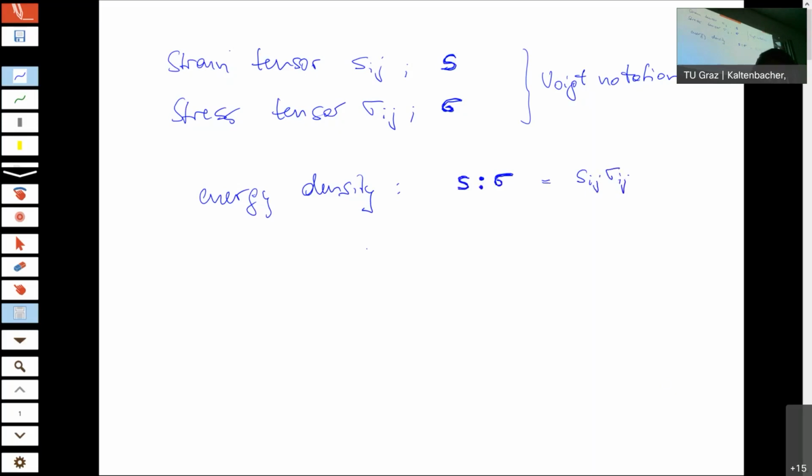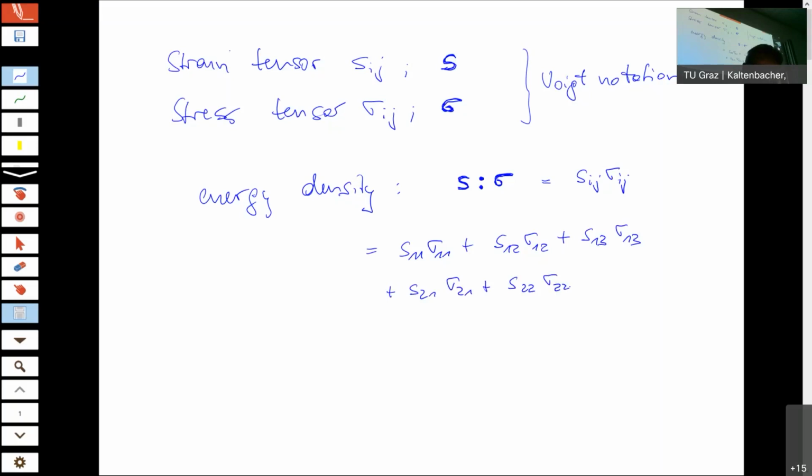Which means what you get out is S11 sigma 11 plus S12 sigma 12 plus S13 sigma 13 plus S21 sigma 21 plus S22 sigma 22.